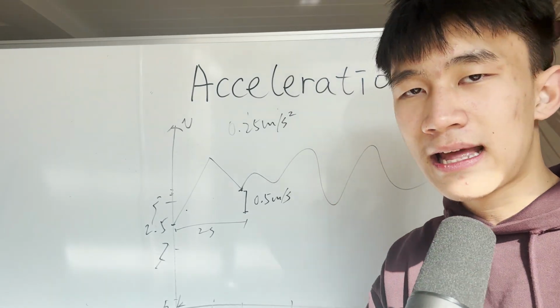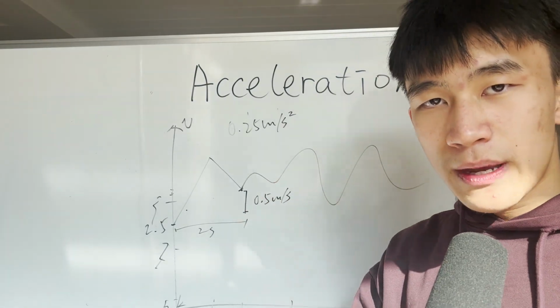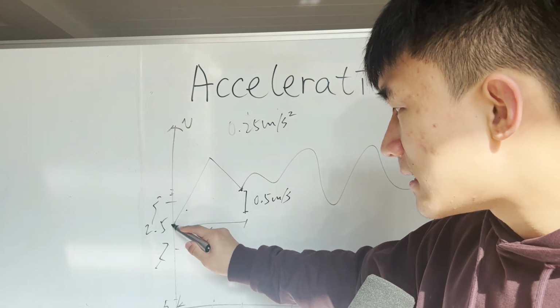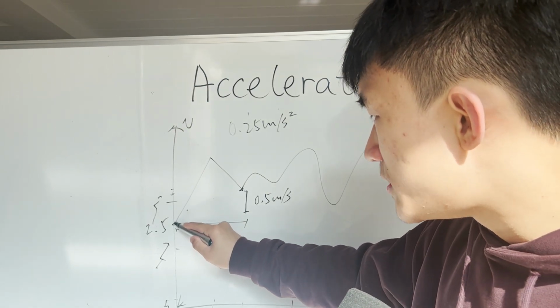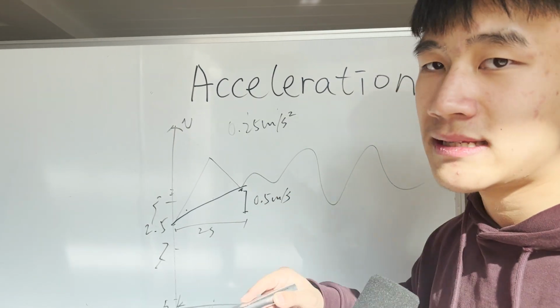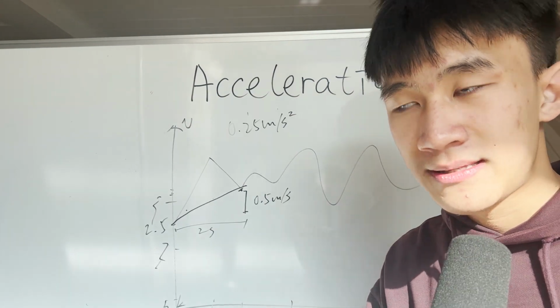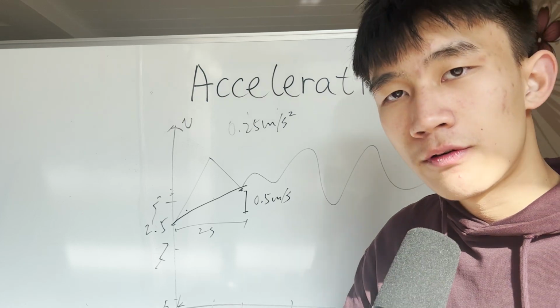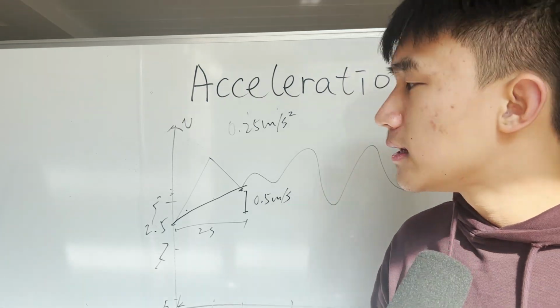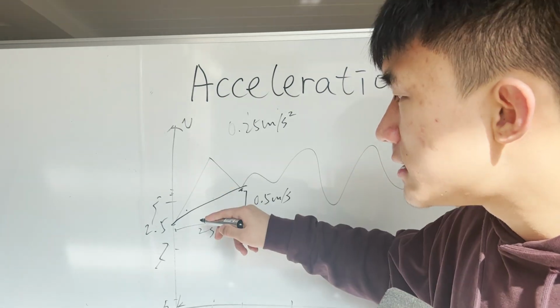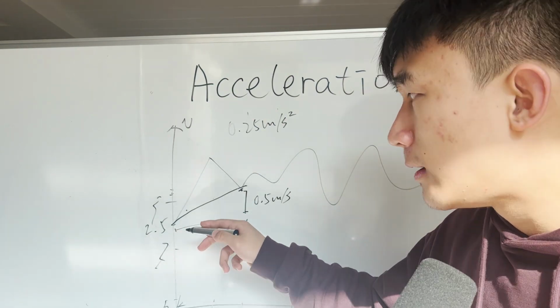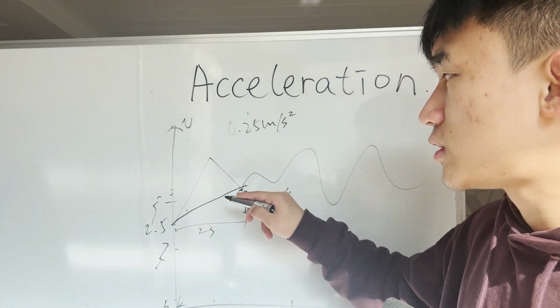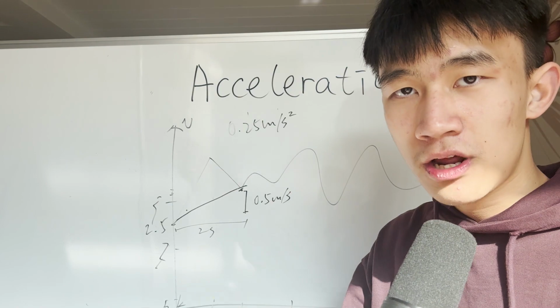And you will notice that this average acceleration is basically the same thing as if the object is traveling at uniform acceleration, which means its acceleration is the same all over the span of time between t equals 0 and t equals 2. However, on this graph, we notice that initially the acceleration was greater than 0.25 meters per second squared because it has a steeper slope, right?